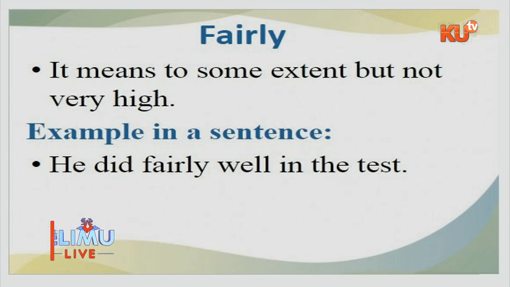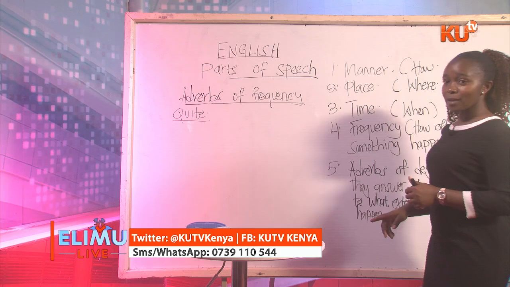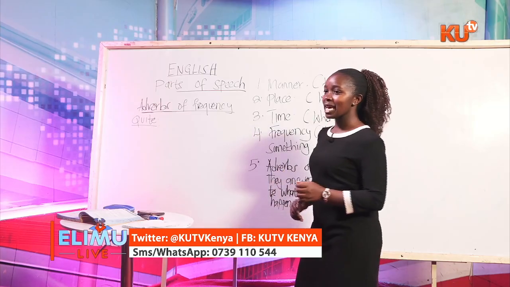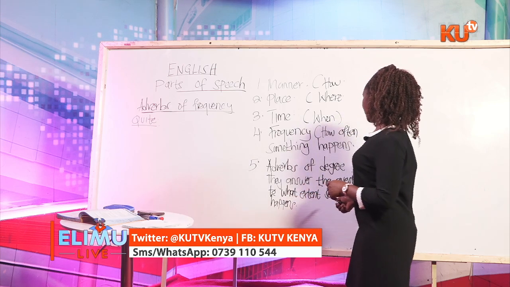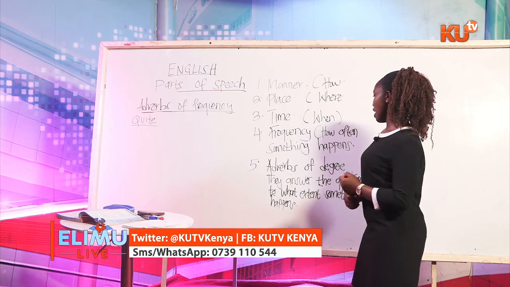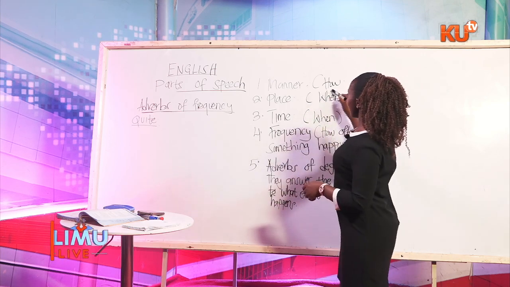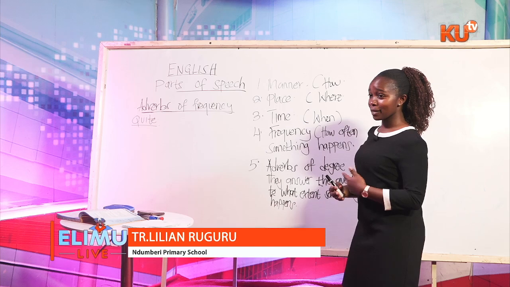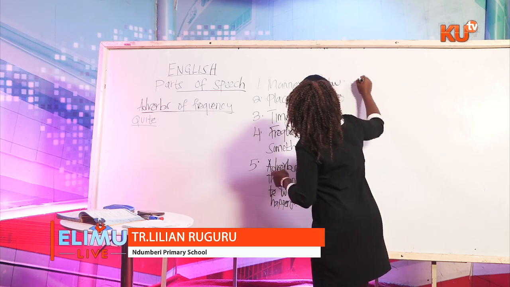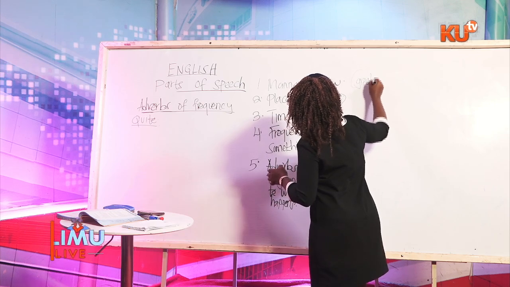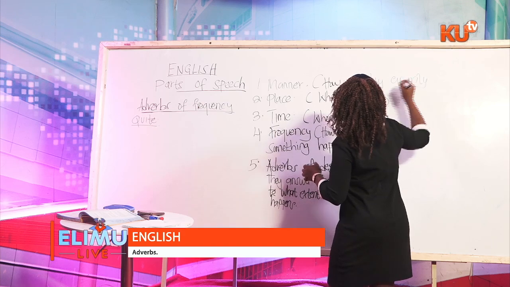So those are some of the examples that we have come across under adverbs of degree, and we have said that these adverbs of degree answer the question to what extent something happens. Adverbs of manner explain how something happens, and some of the examples that we gave include greedily, angrily.